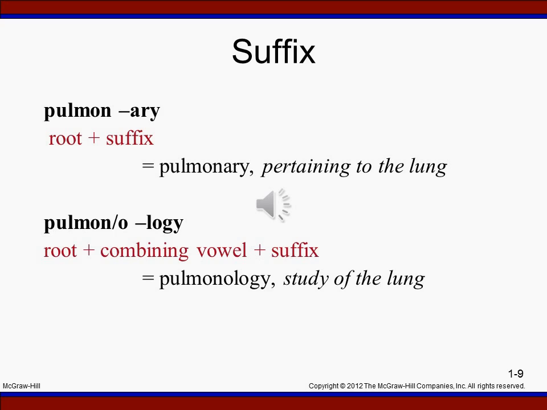Understand that the suffix there begins with the vowel A. What are the vowels? A, E, I, O, and U, sometimes Y. So if the suffix has a vowel at the beginning, and the root word in the term up here, pulmon, you do not need to have a combining vowel. Pulmonary means pertaining to the lungs.